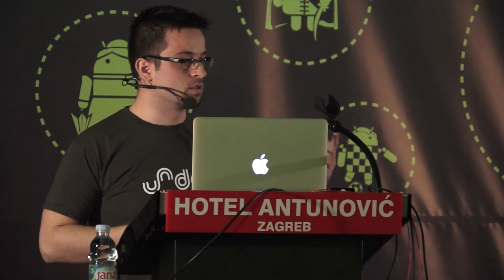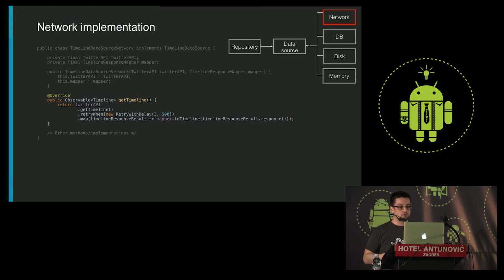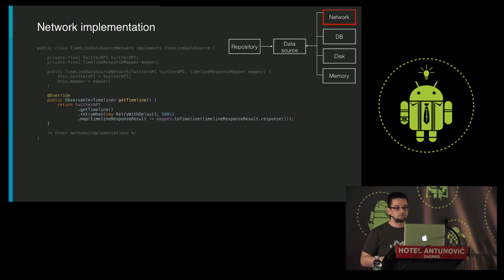Both of these are provided via constructor injection. When someone calls get timeline upon that data source, you'll call the API. And here's also the place where you can perform different mapping logic or retry logic. As you can see in this code snippet, we are retrying 3 times with a delay of 500 milliseconds.